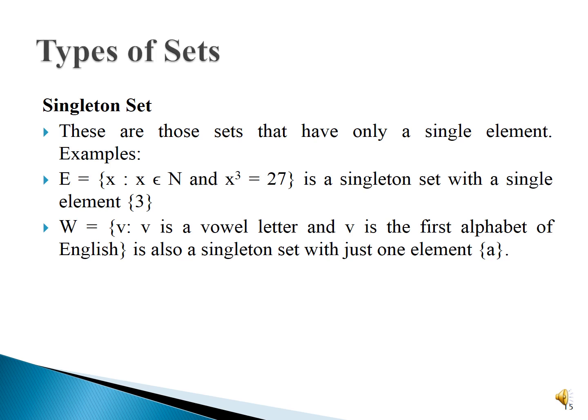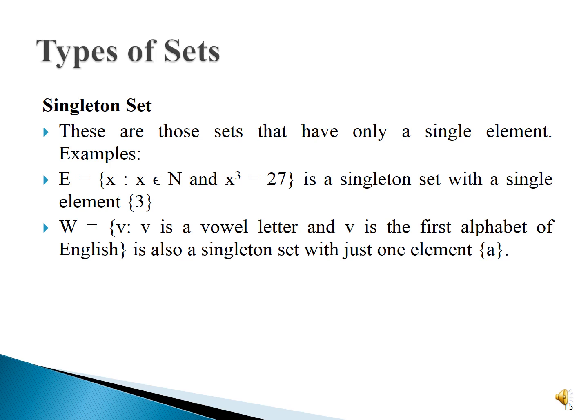We know that it is a singleton set with a single element 3, because 3 raised to 3 equals 27. Therefore, the set E will contain only a single element 3, and therefore it will be called a singleton set.